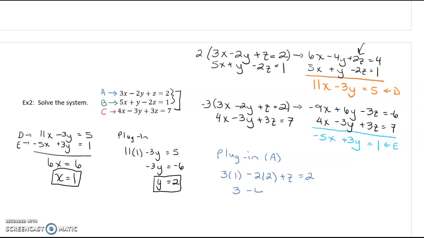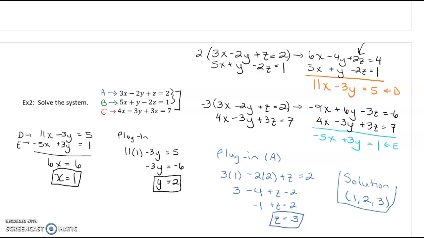So 3 minus 4 plus z equals 2, so negative 1. So you should get down to z equals 3. So now I have all 3 answers, x, y, and z, and my solution is 1, 2, and 3. So there is my solution.